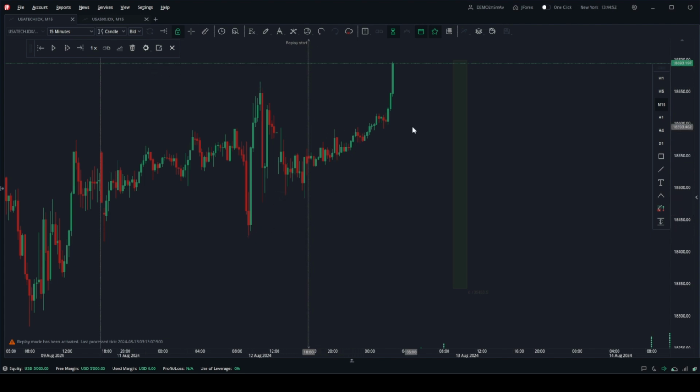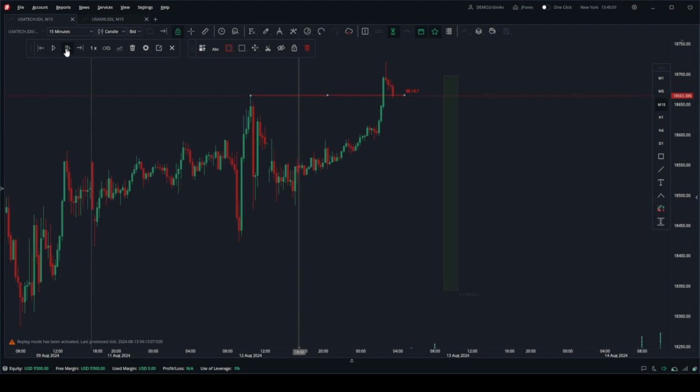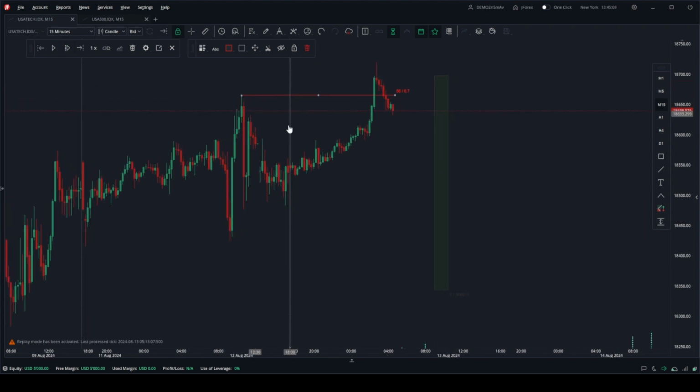So if it breaks yesterday's high right here, the second thing we want is for the price to go down again, like this. Like here, you can even search for some trades.